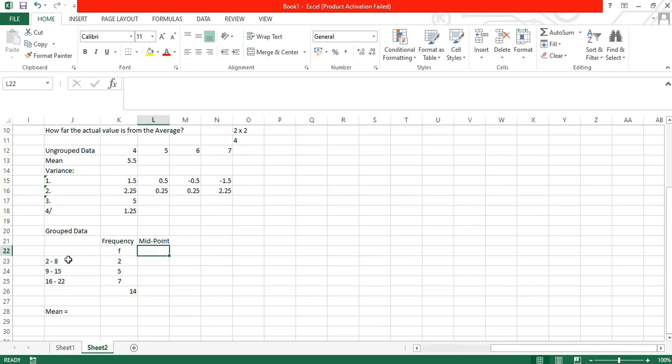Now the midpoint, is this continuous data or discrete data? This is discrete data. Why? Because it's not continuing from 8. It's starting from 9. So for discrete data, how do we find the midpoint?